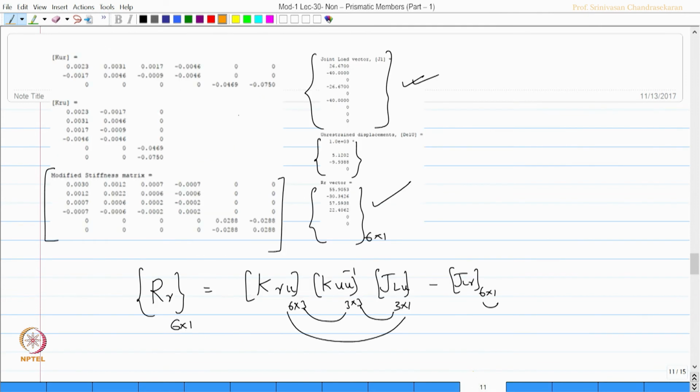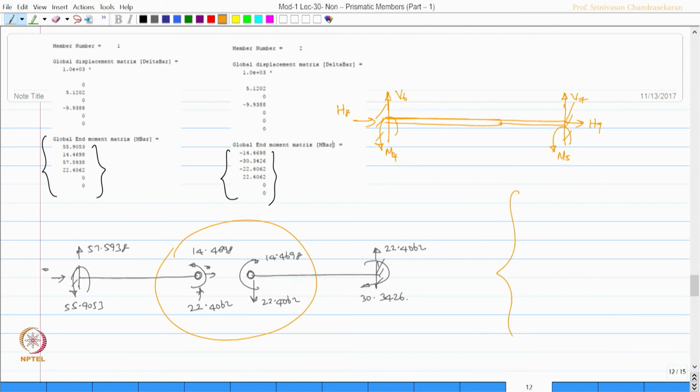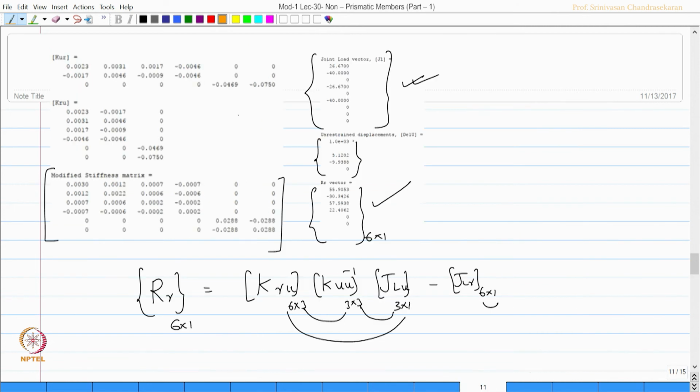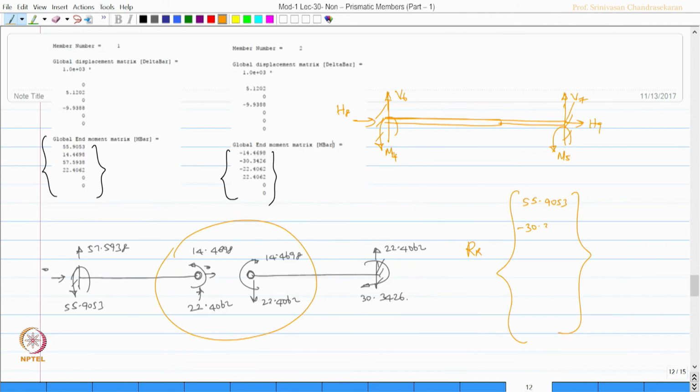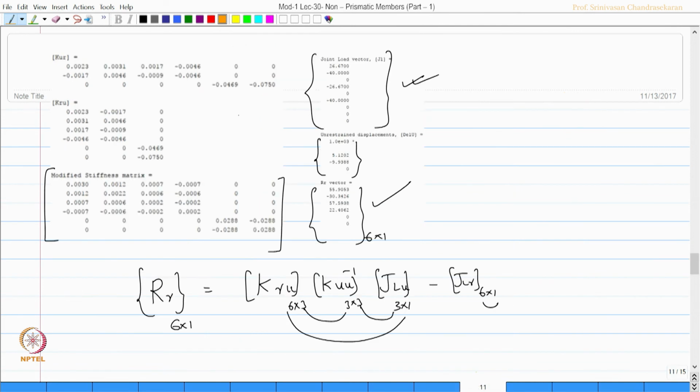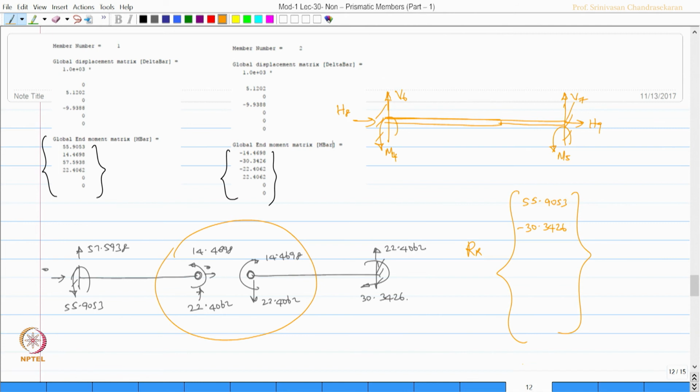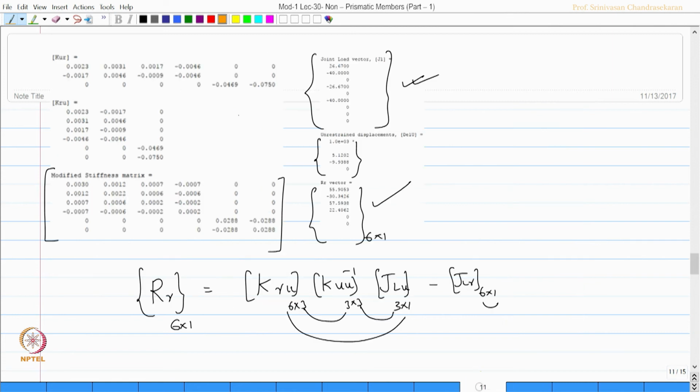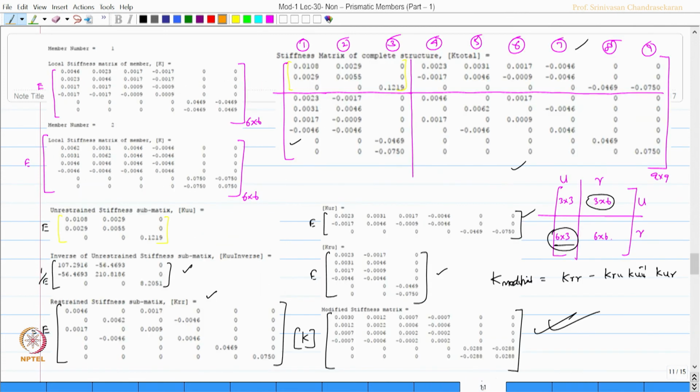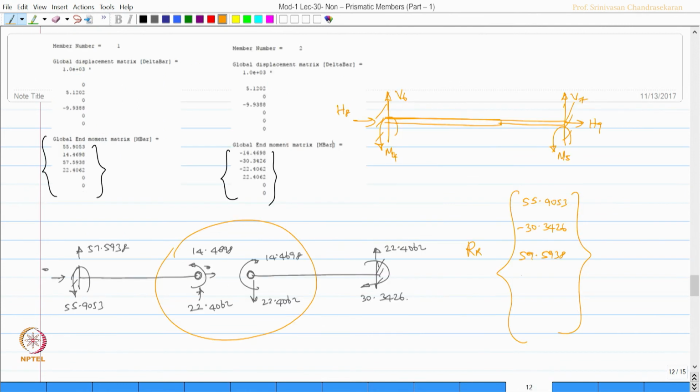Let us copy this vector back again and write it down. I am copying the RR vector from here: 55.9053, minus 30.3426, 57.5938, 22.4062.